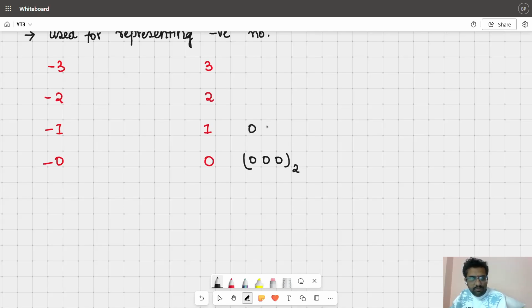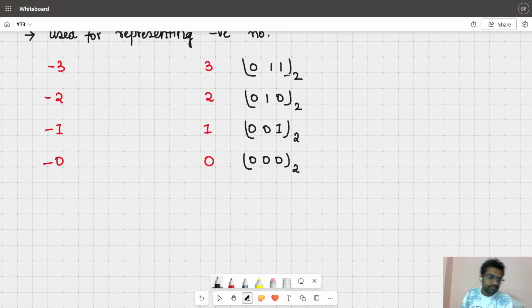For 1, it will be 0, 0, 1 to the base of 2. And 2, it will be 0, 1, 0 to the base of 2. And for 3, it will be 0, 1, 1 to the base of 2. And as we have already discussed, the 2's complement equivalent for the positive numbers will remain one and the same.